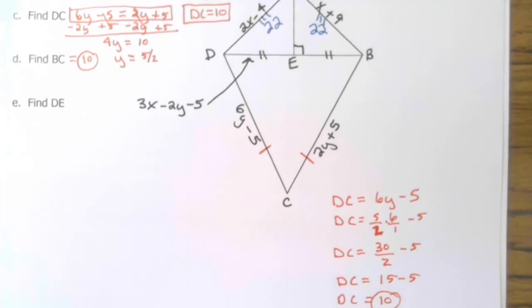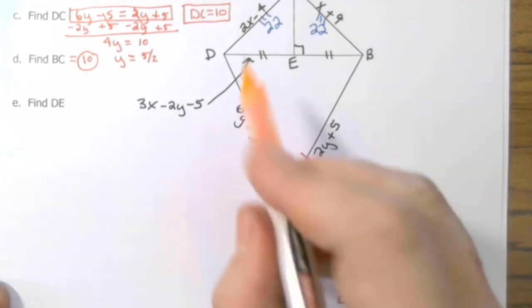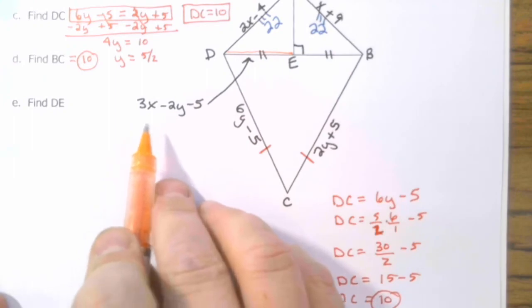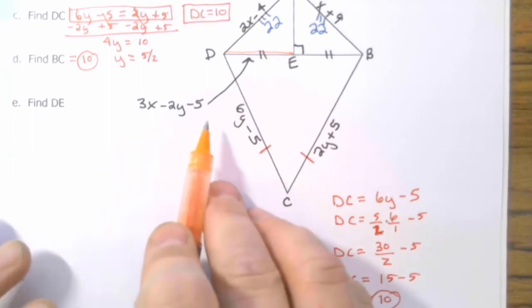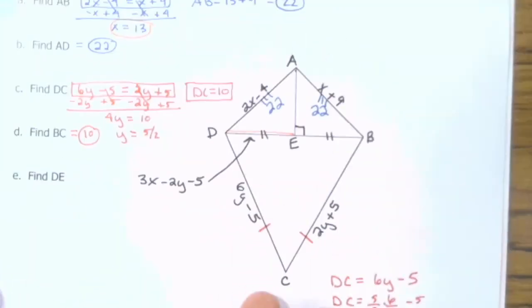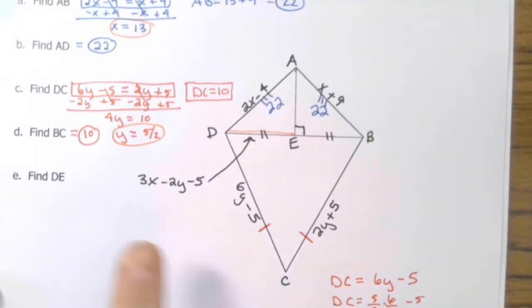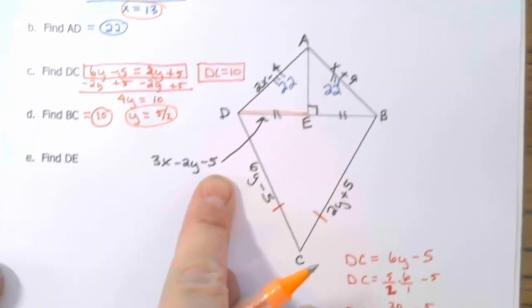All right, last one, we're supposed to find D to E. So D to E is this piece right here. It's represented by the expression 3x minus 2y minus 5. Well, I've already figured out x up here is 13, and I figured out that y is 5/2. So really, I just need to substitute those in.